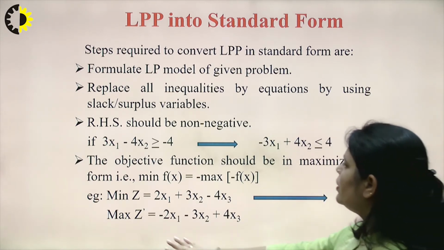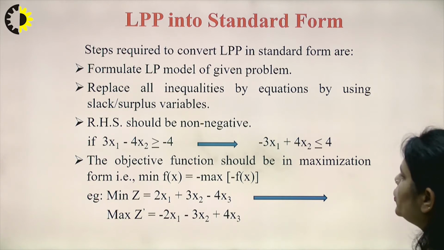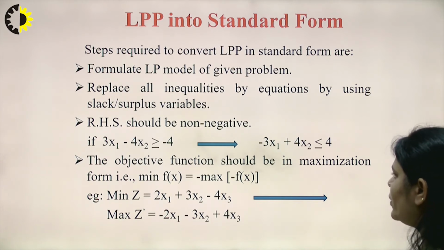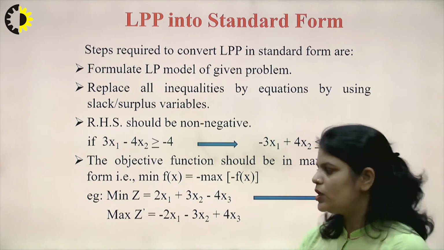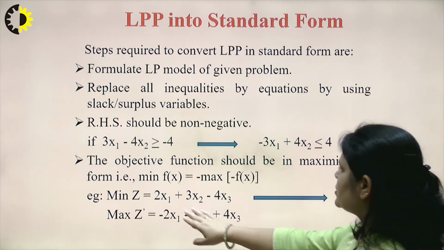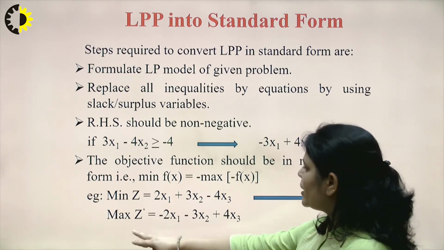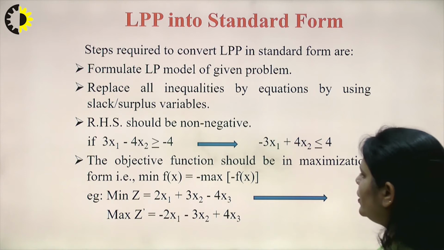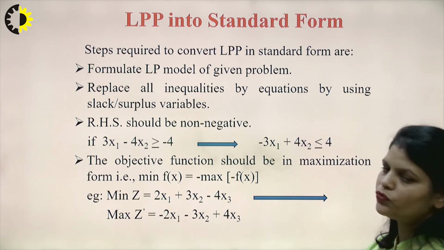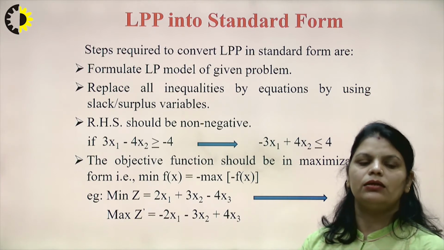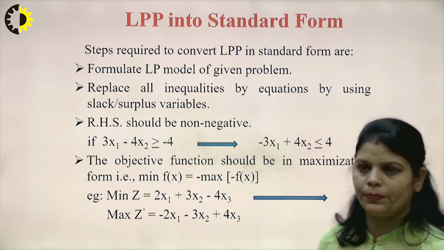For example, if it is given minimize z is equal to 2x1 plus 3x2 minus 4x3, first of all we will convert it into the maximization form with the help of this formula. After conversion, we will get maximize z equal to minus 2x1 minus 3x2 plus 4x3. So these are some steps before starting the simplex method.